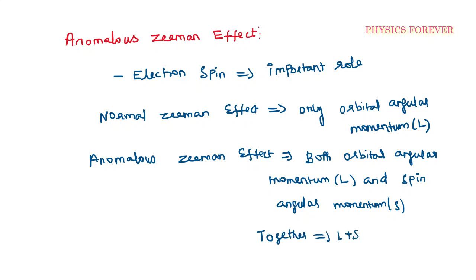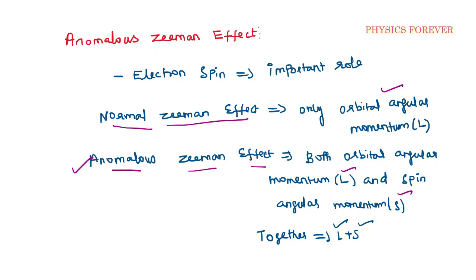L plus S, orbital angular momentum and spin angular momentum, that is the anomalous Zeeman effect. Only orbital angular momentum means the normal Zeeman effect. Both orbital angular momentum and spin magnetic moment means the anomalous Zeeman effect.